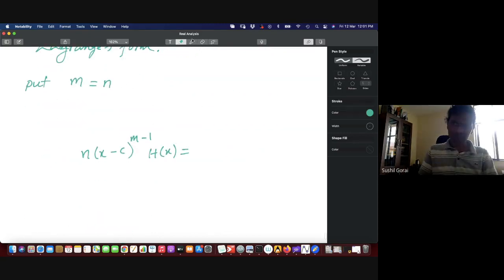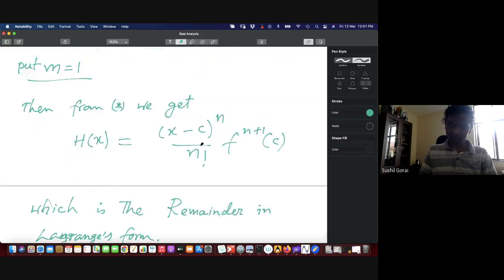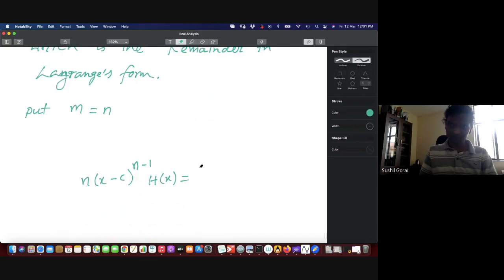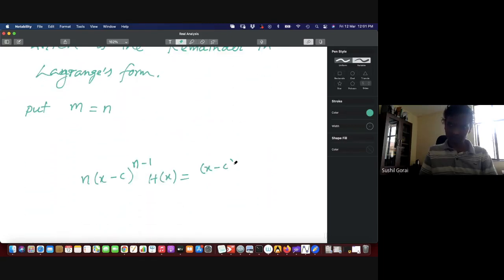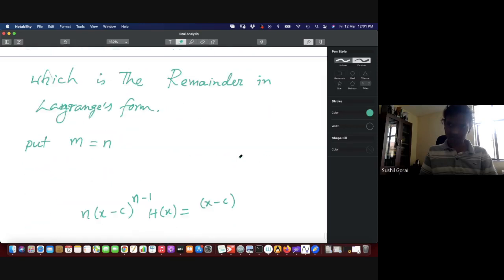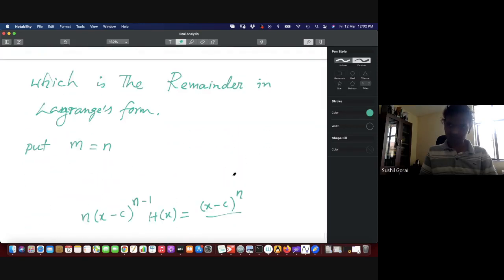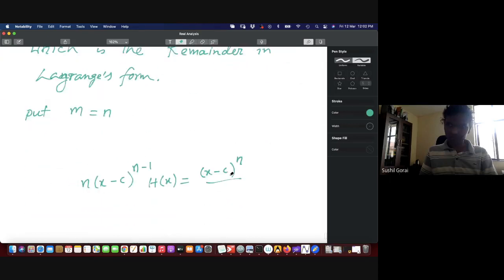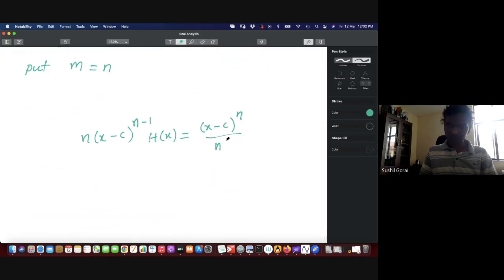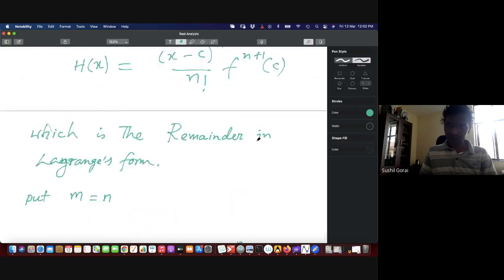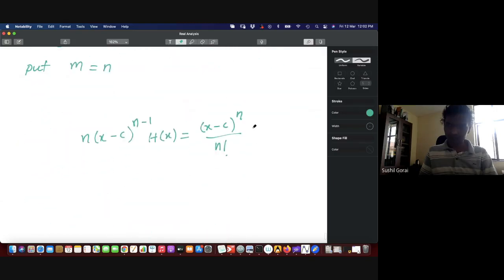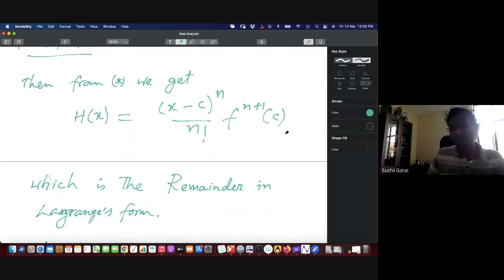Oh, sorry, m is n, so this is n minus 1. (x minus c) power n by factorial n, f^(n+1)(c). So is this correct, this one?